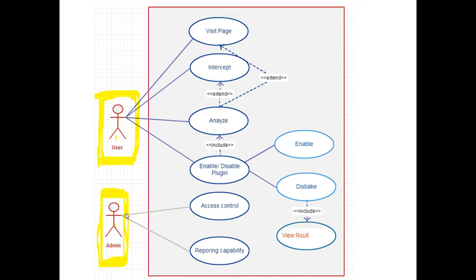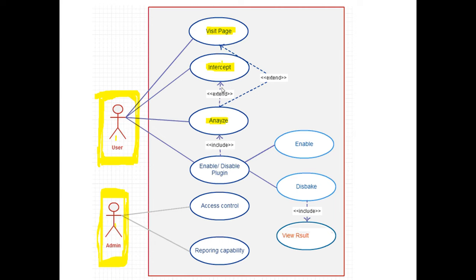in Google Chrome. Okay. So the user, after installing the plugin in Mozilla Firefox, can visit any web page. He can intercept each and every web page and analyze each and every web page.